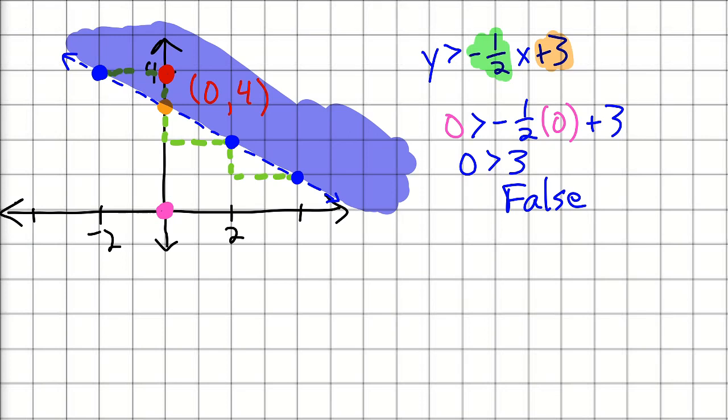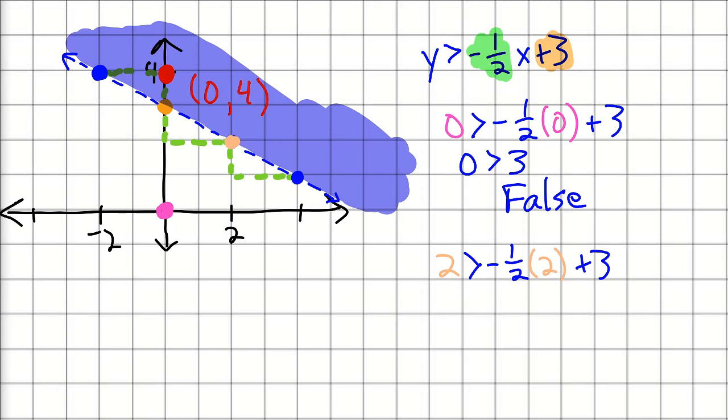Then I'll do one on the dotted line as well, one last test point just to show you what I'm talking about. How about this point right here, (2, 2)? So plug in 2 for y: 2 is greater than -1/2 times 2 plus 3.